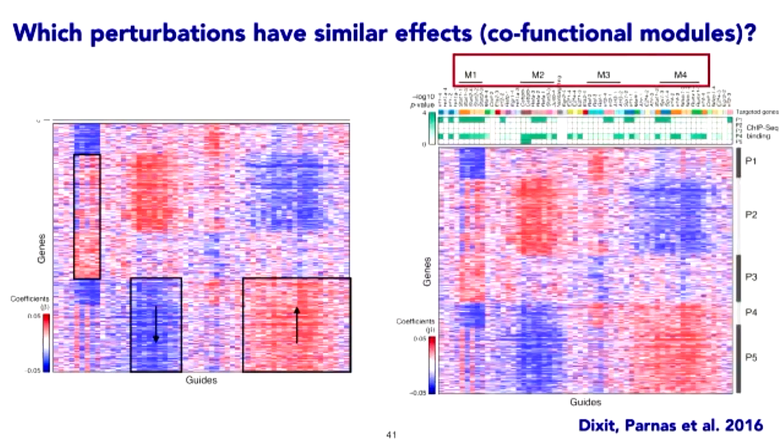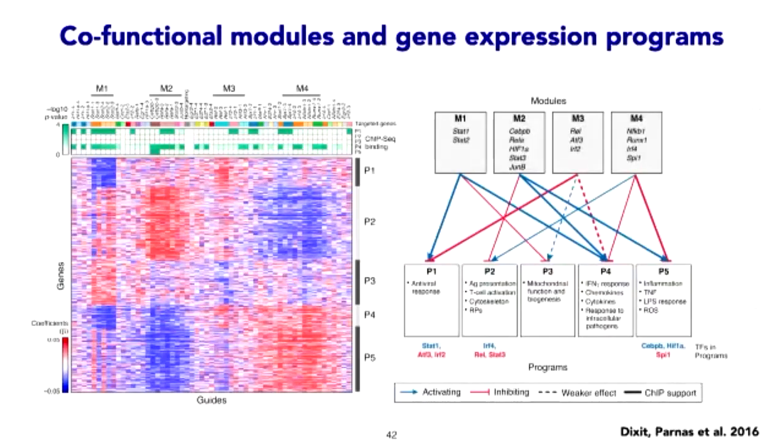And these are called co-functional modules. These may be perturbations that have a similar effect and are maybe acting together in some way. The next observation from this matrix is also that there are some genes which get affected in a similar way by certain perturbations. And these are called gene expression programs.